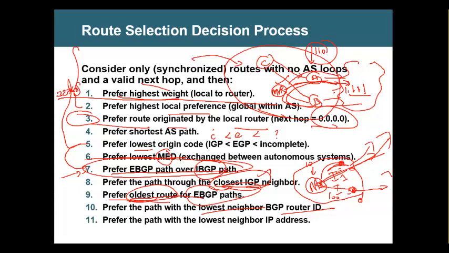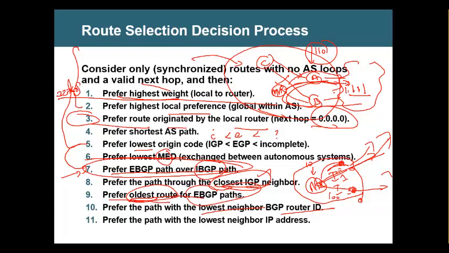There are three ways in which you can learn a route. One, it is advertised using the network command. That's how we used to advertise, right? Any protocol, BGP or OSPF or RIP or EIGRP, you use the network command. Not for ISIS, but for the rest.